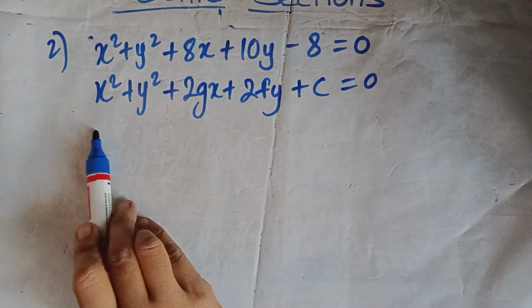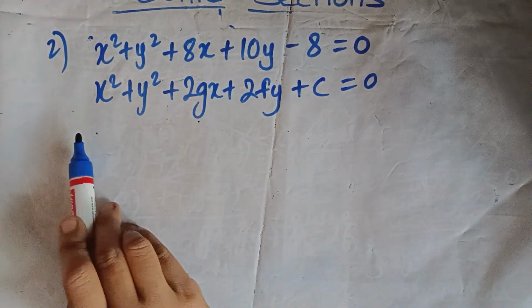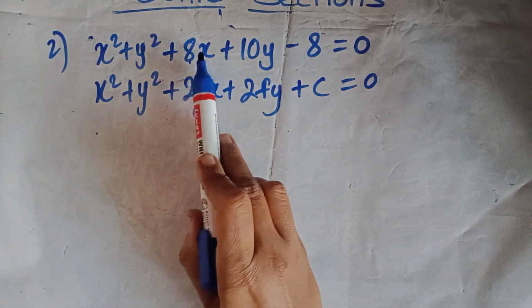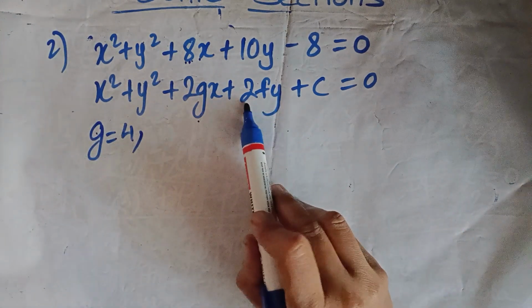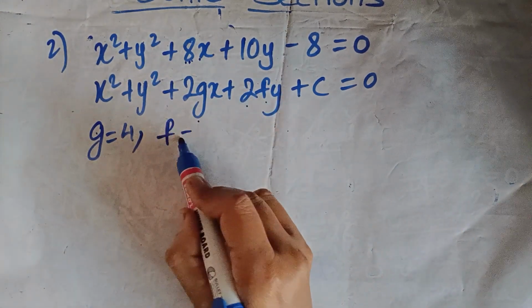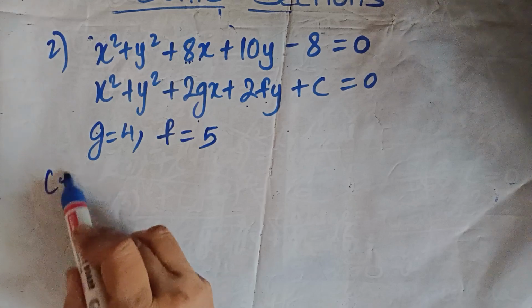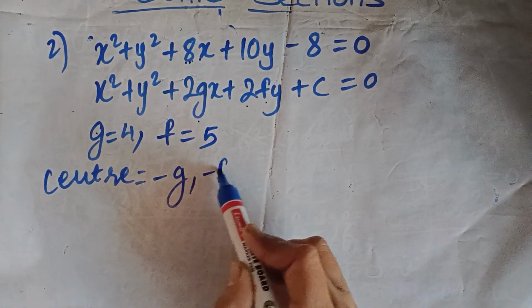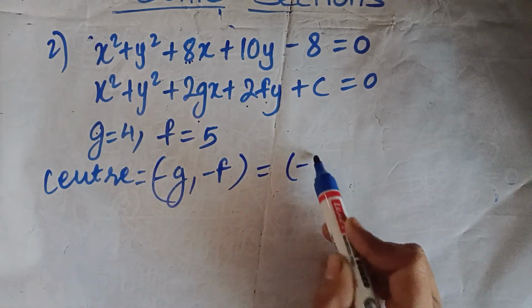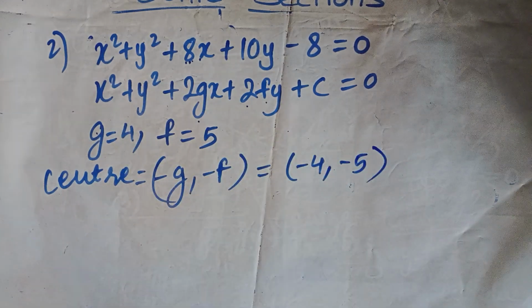Okay, so we have 2g is 8, so g is 4, 2f is 10, so f is 5. Okay, so the center is given by (-g, -f), so (-4, -5).